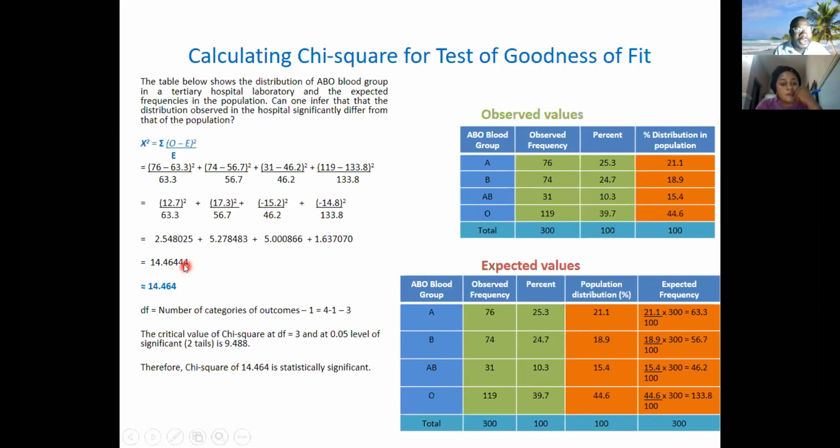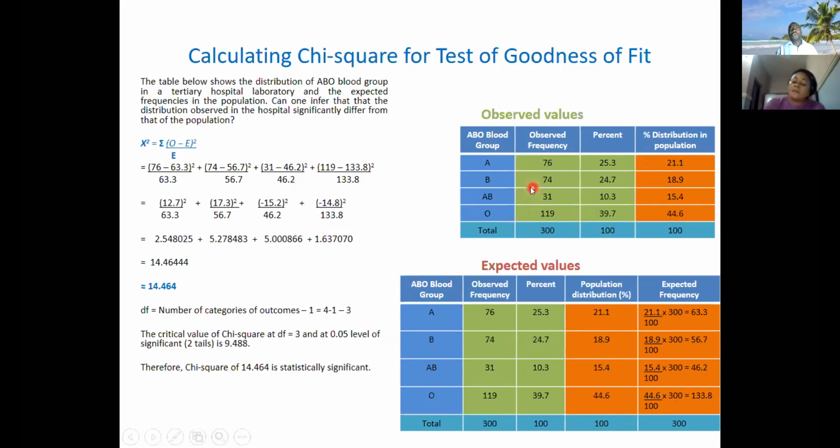At the end of the day, the chi-square is 40.4644. You will see that in this case there's no contingency table. What you are seeing is not a contingency table. If it were a contingency table, there would be one variable on the horizontal and another variable on the vertical. It's only one variable, ABO blood group.